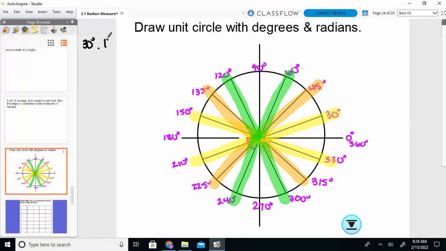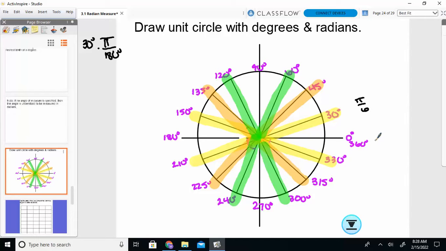Flip it though. We want radians, so put pi on top. Pi over 180. So what you really have to do is 30 over 180 and turn that into a fraction. And what's that give us? 1/6. So this would be pi over 6 in radian form.